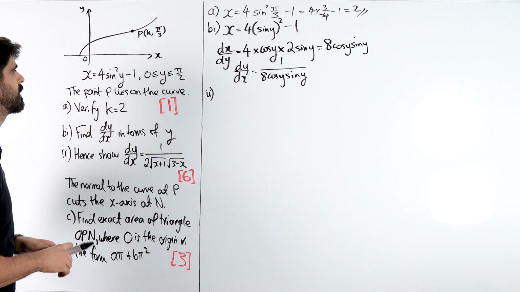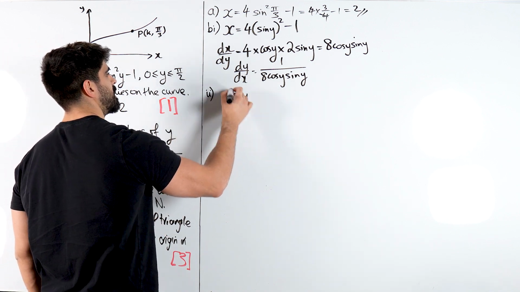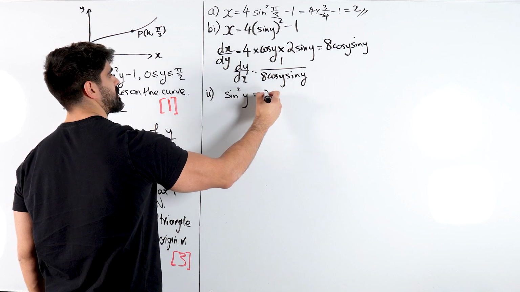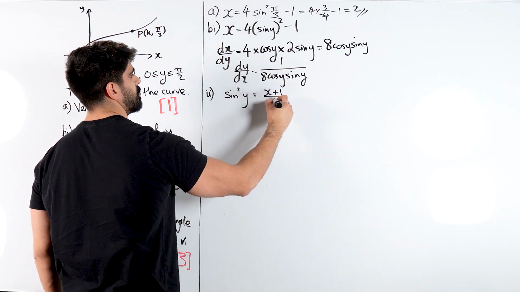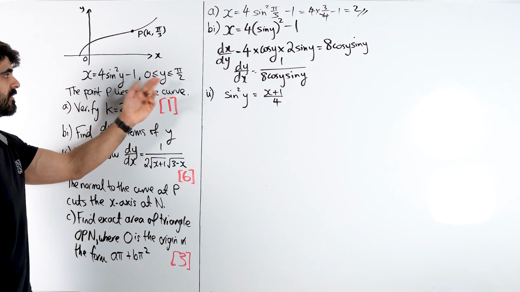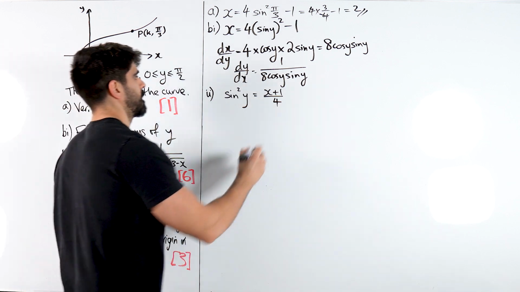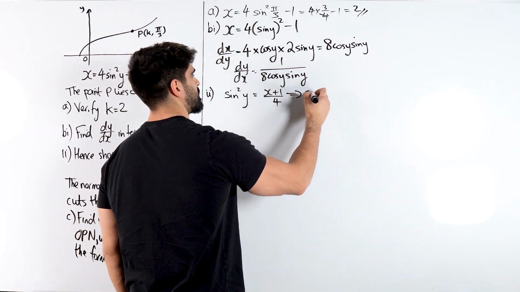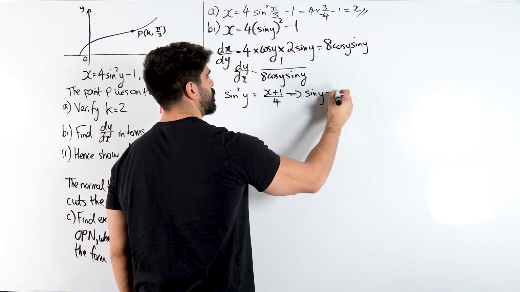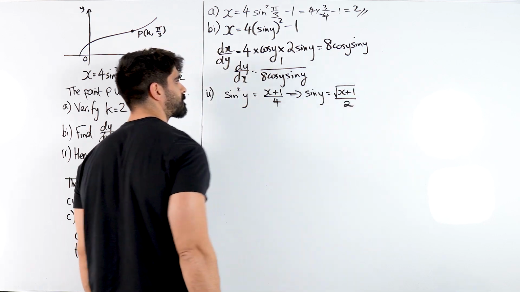I'm going to add 1 divided by 4. So I get sine squared y is x plus 1 over 4. Now, given the range, I'm going to square root both sides, and we're going to take the positive only. Okay? So we get sine of y is root of x plus 1 over 2.